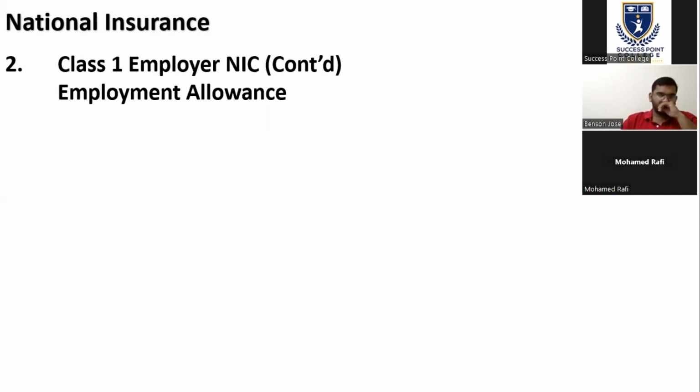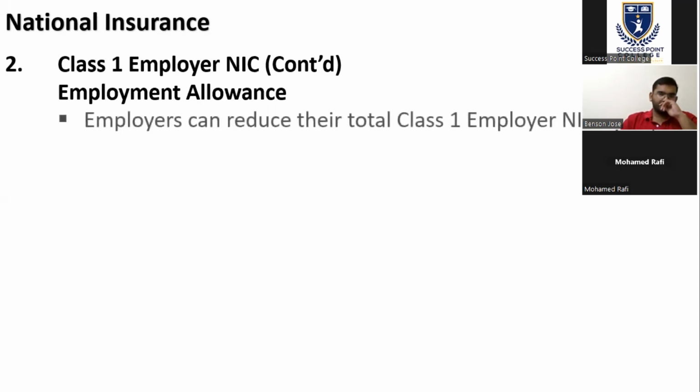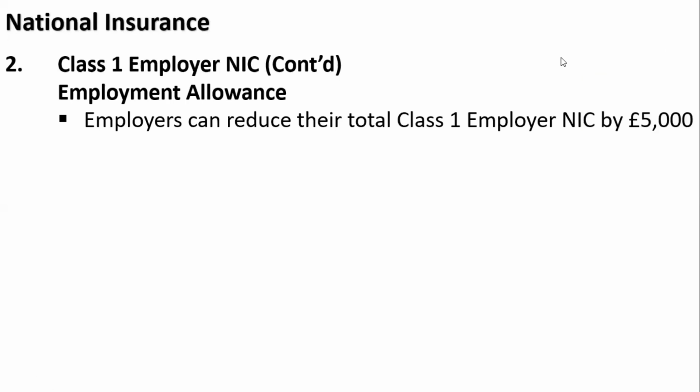So there is an employment allowance available: the employer can deduct this figure from the total employer NIC and the remaining is paid. Please write, employers can reduce their total class 1 employer NIC by 5,000 pounds. So the employment allowance is 5,000 pounds.